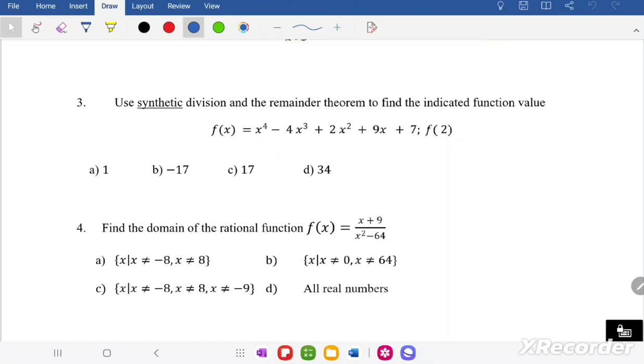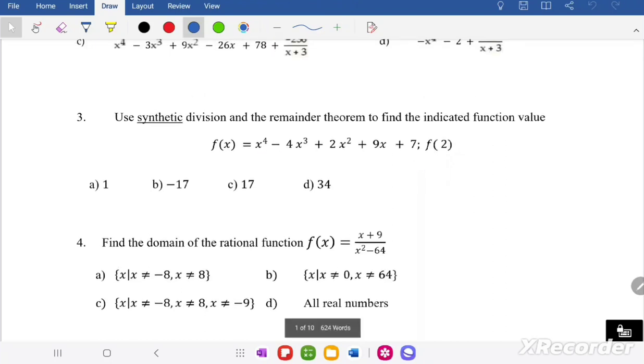So what are the coefficients here? Let's first put it in synthetic division format. I'm going to put a 2, and where do I get the 2 from here? All right, this is the 2, and then on the other side I'm going to put all my coefficients of the polynomial. So for x to the fourth it's 1, then negative 4 for the second term.